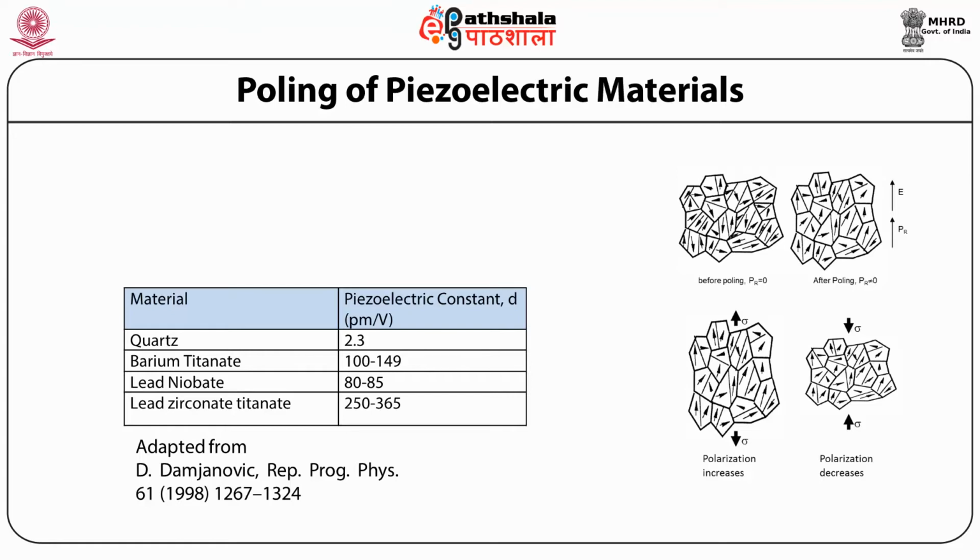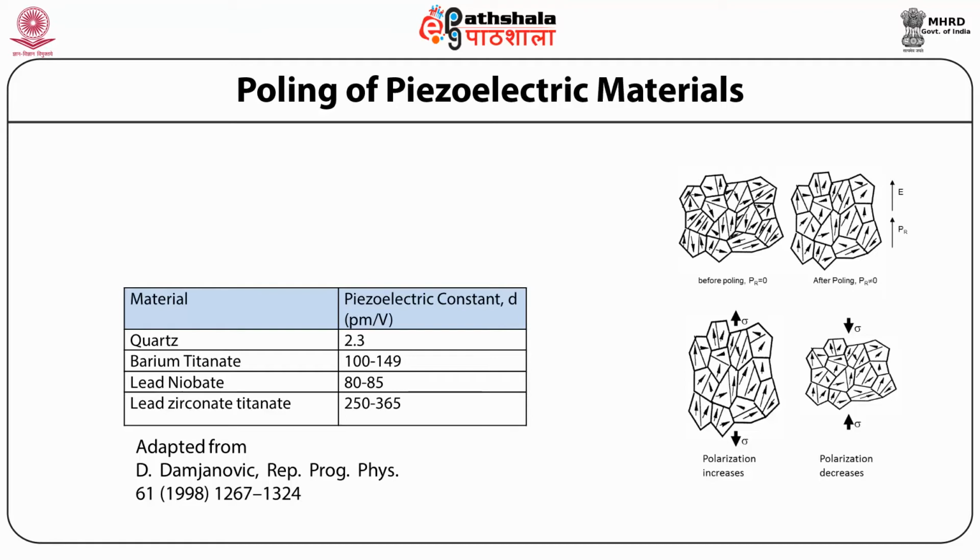The values of piezoelectric constants or coefficients for some materials are given in this table. For example, for quartz, the piezoelectric constant is 2.3 picometer per volt, whereas the piezoelectric constant for barium titanate varies from 100 to 149 picometer per volt.